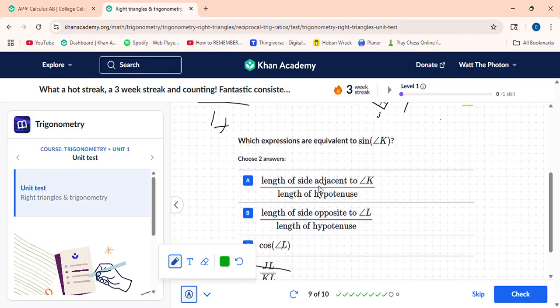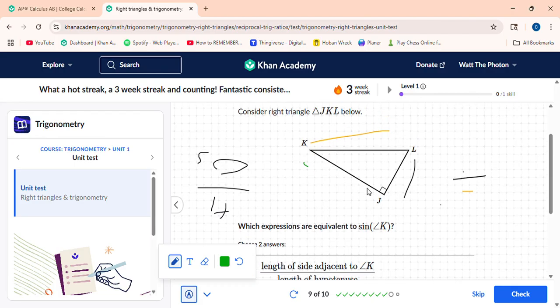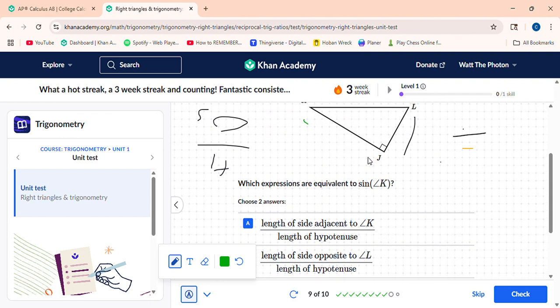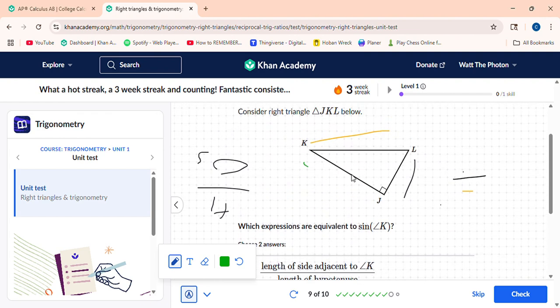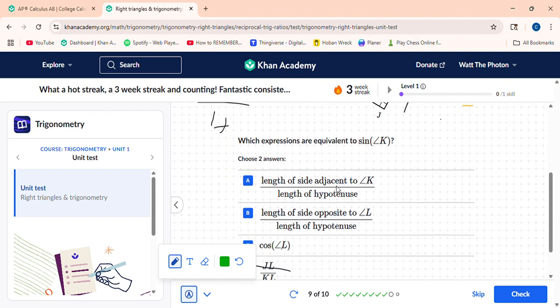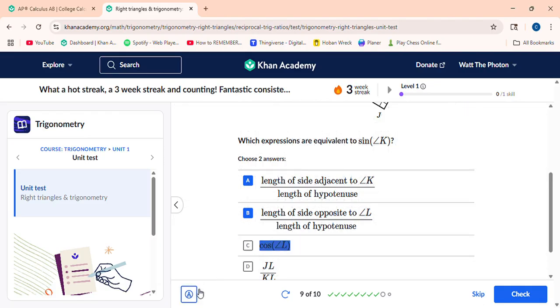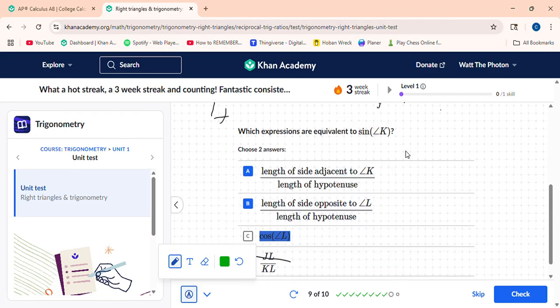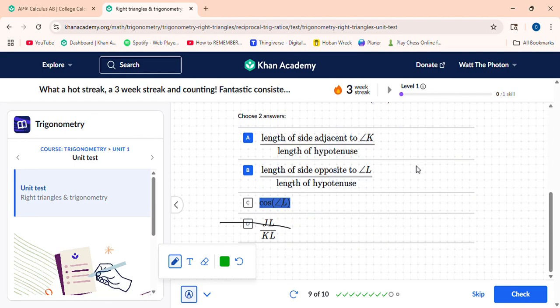Length of side adjacent to K, that's this, divided by hypotenuse. Opposite to L, divided by hypotenuse. Cosine of L. So that's J to L.